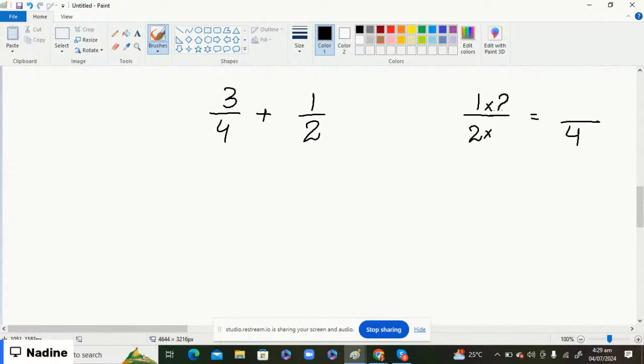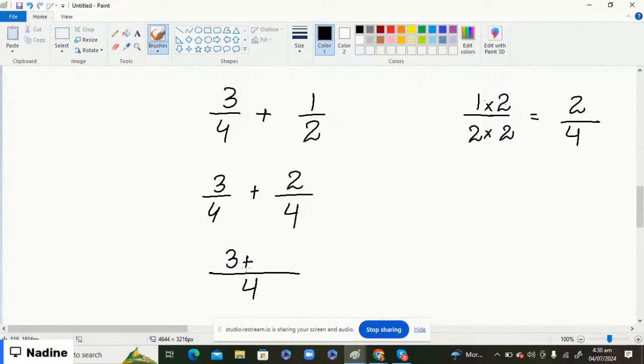So 2. 2 times 1 is 2 and 2 times 2 is 4. So here is 3 by 4 plus, in place of 1 by 2, we are going to put 2 by 4. So putting only one 4, and then 3 plus 2.